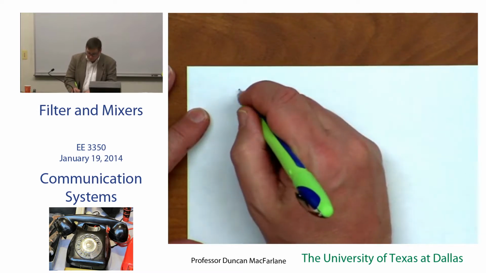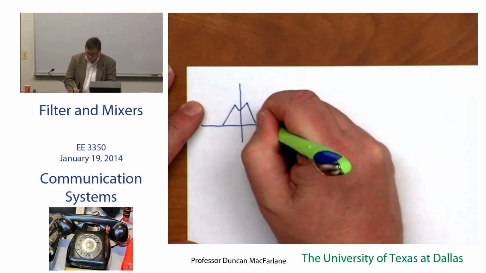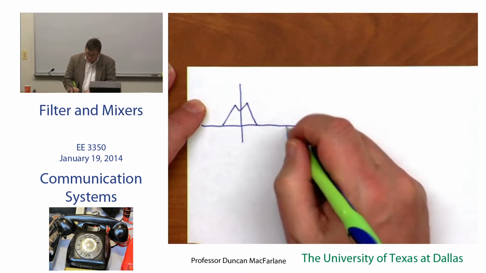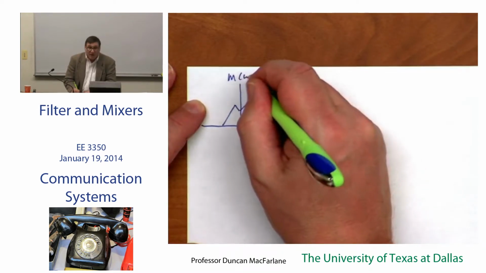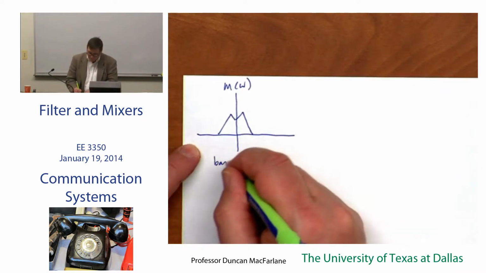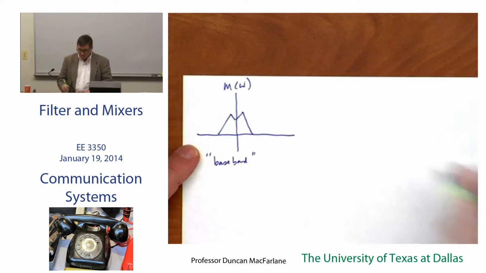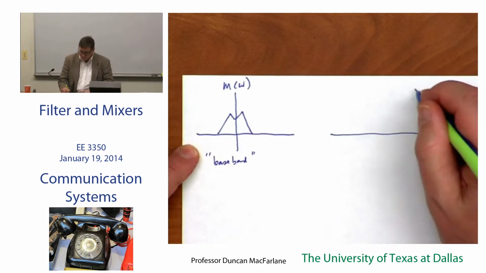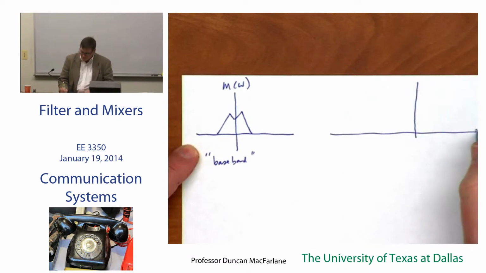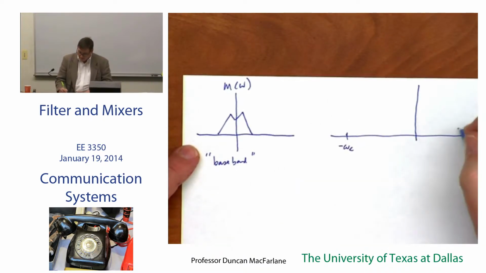So in the frequency space, here's my signal, M of omega at baseband. And now I have my signal, and it's half as big, right?